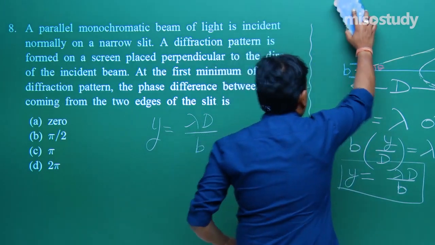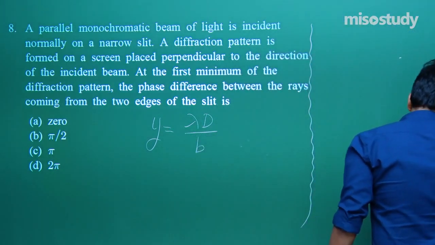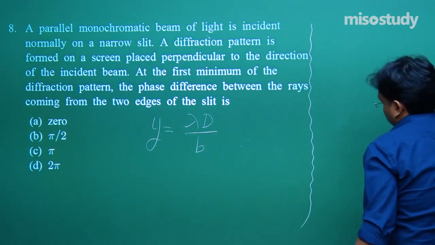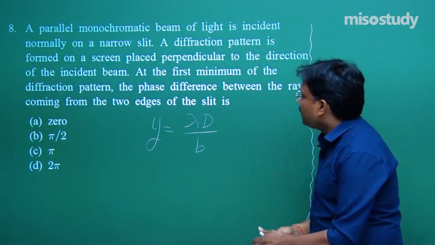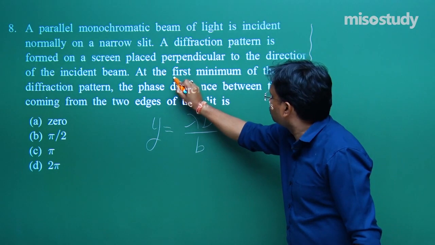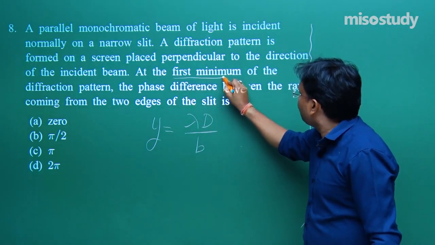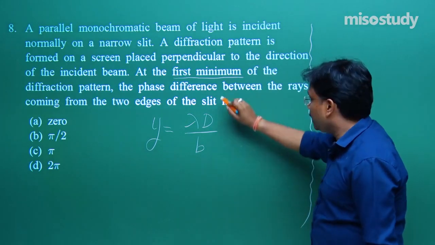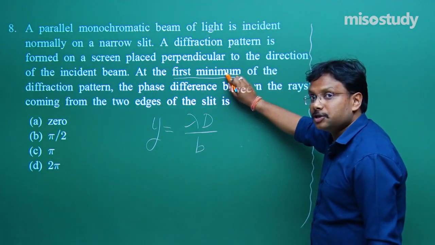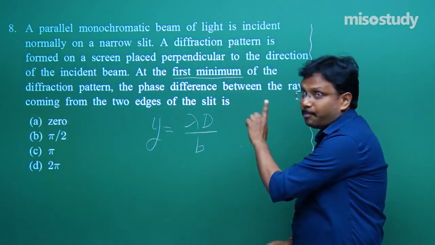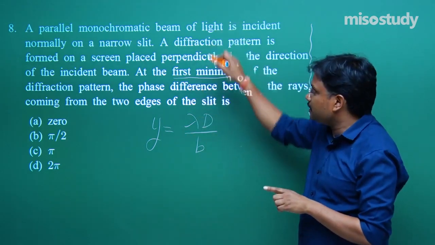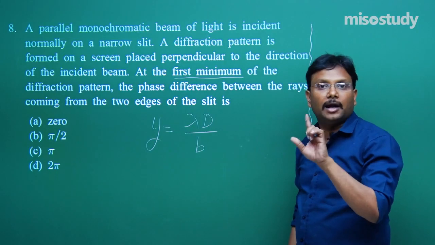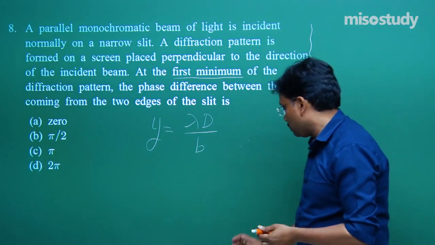Now the remaining portion, what is the condition? First minima. So now we will move keeping in mind this instruction, that is very important. If you do not read these things in the question, you are definitely not going to attempt this question correctly.